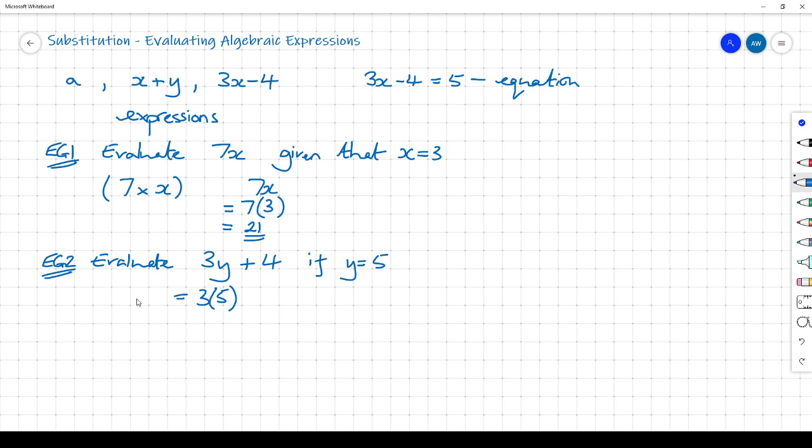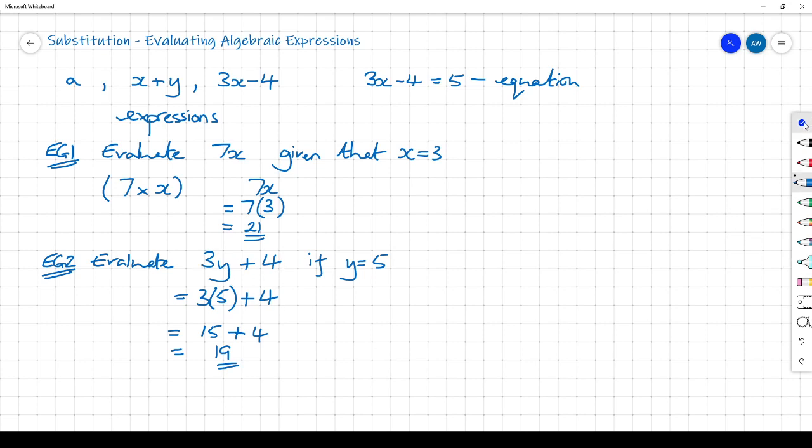Y has gone off the pitch, 5 has come on, and that's why it's called substitution, because they swap places. Okay, we swap y for the value of 5. And then we have that. Then we need to do 3 times 5 first because of BIDMAS, which is 15, and add the 4 last. And of course, that's 19. Okay, and that's another quite simple evaluation of an algebraic expression.